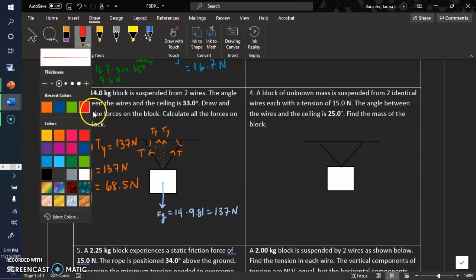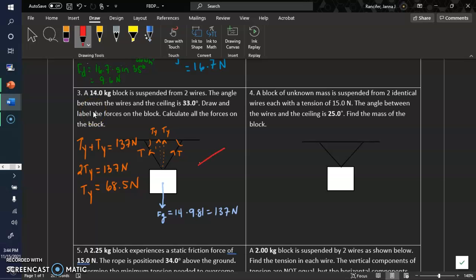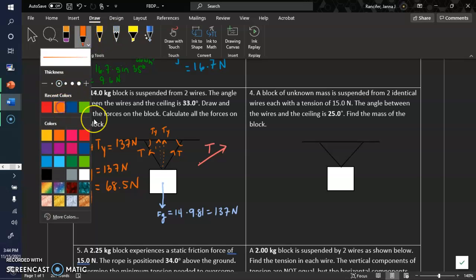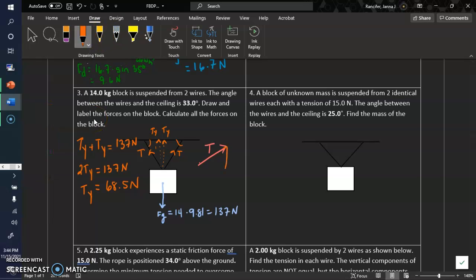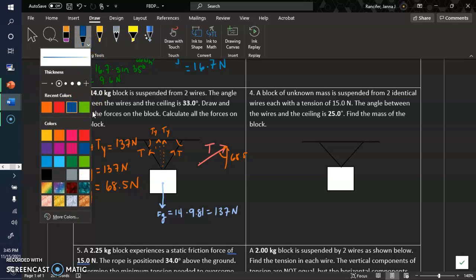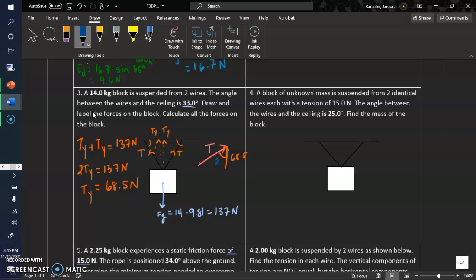Our T is unknown, that's the total tension, but I now know the vertical component of one of the tensions. This Ty is 68.5, and I have an angle right here. The angle was given as 33 degrees.